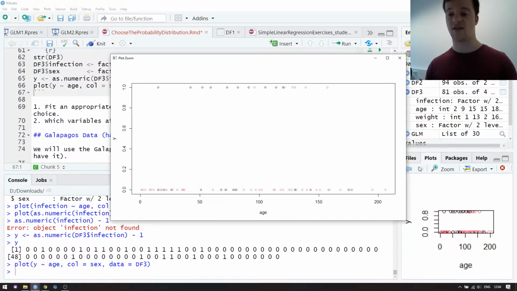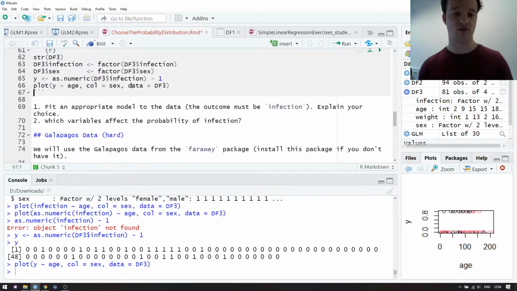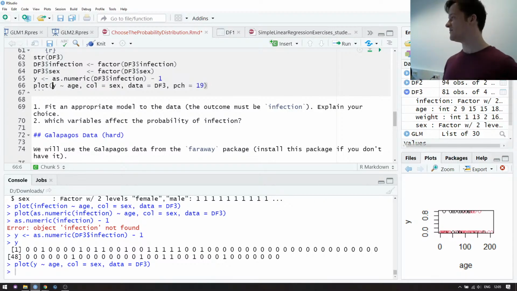Okay, and I can see, is there a difference in red or black depending on age? It's really hard to see. So this is where the trick comes in. First thing, let's fill these up. 19 is easier to read in my opinion, and then I'm going to use a function called jitter. What does jitter mean colloquially?